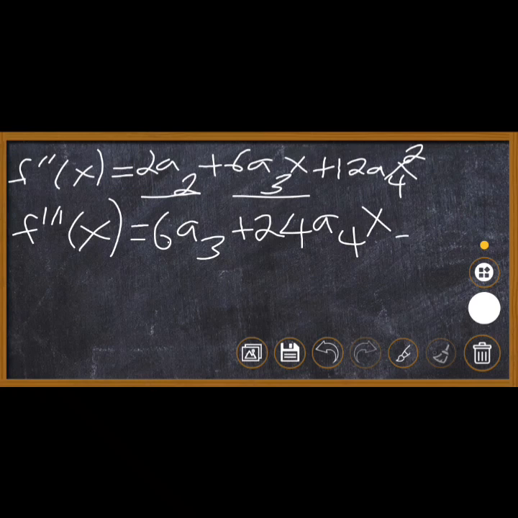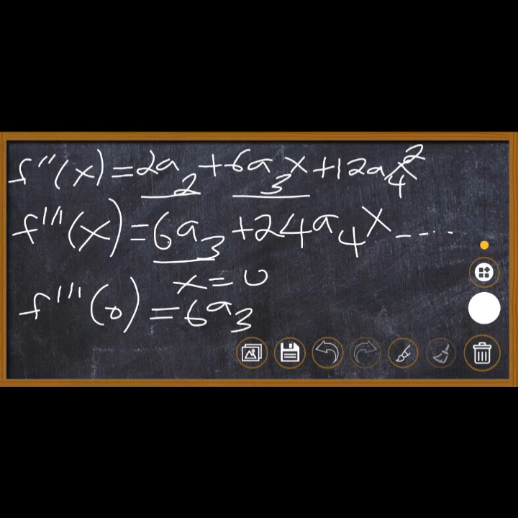Let's just end up to here, up to this series. So when we replace x equal to 0, what do you think could be the third derivative? Here we don't have any x value, so it's just going to be 6a3.